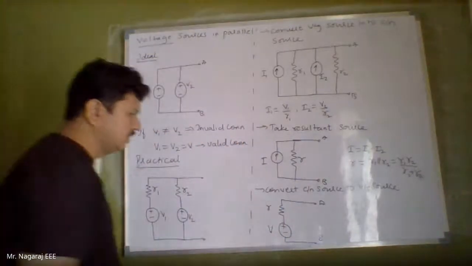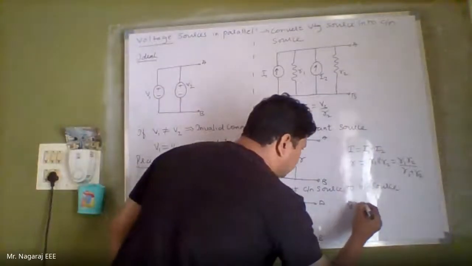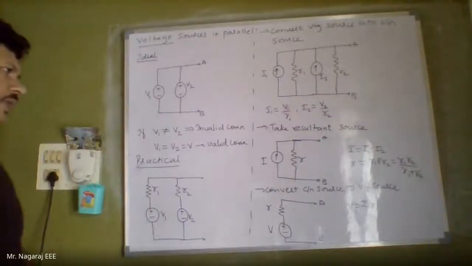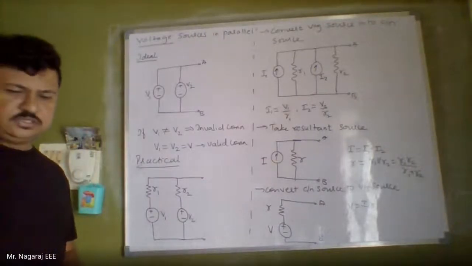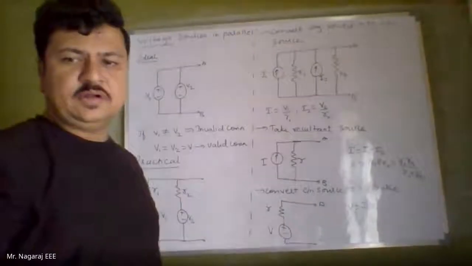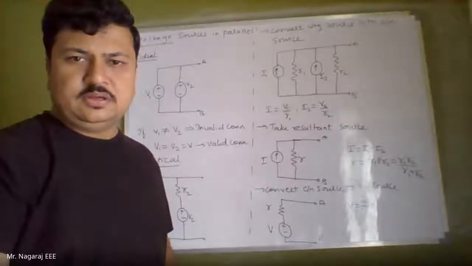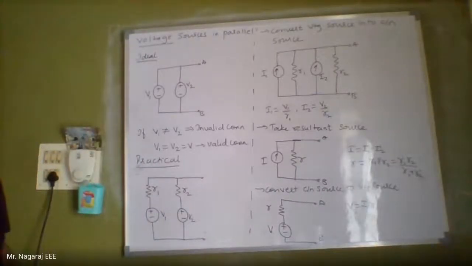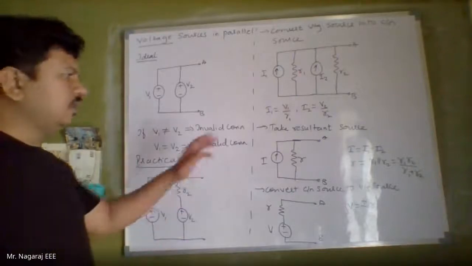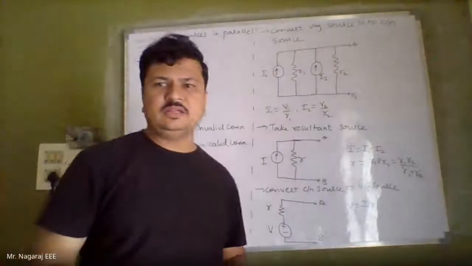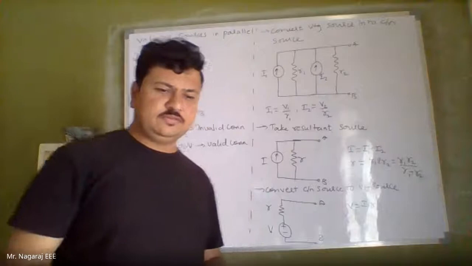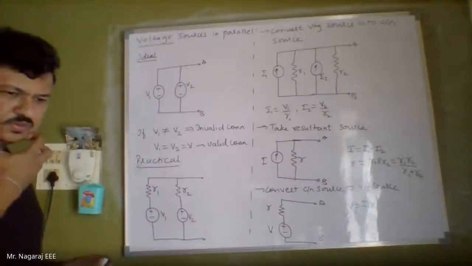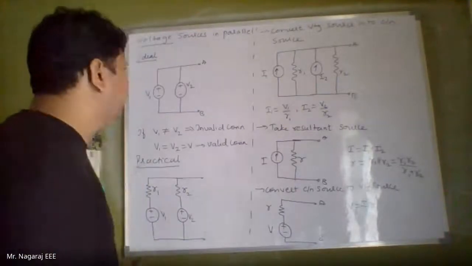So this is V. V is equal to I into R, where I is I1 plus I2 and R is R1 parallel R2. So this is how I convert my sources, I will take the equivalent sources. This all comes in source transformation. Then we will look into source shifting, that one point, then we will wind up.